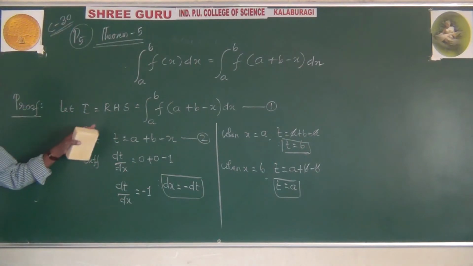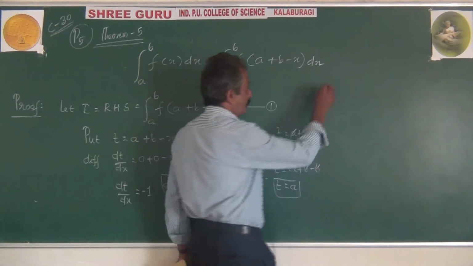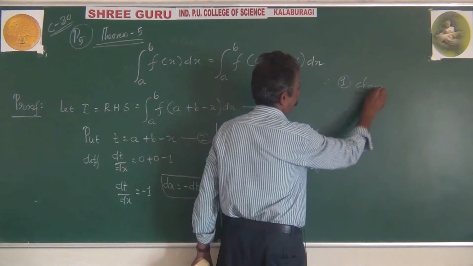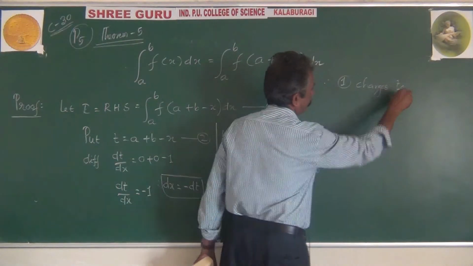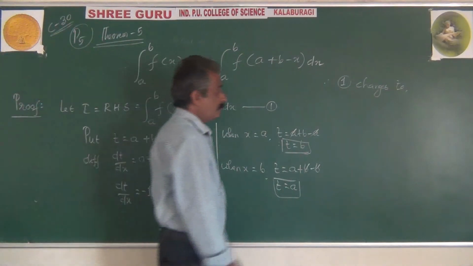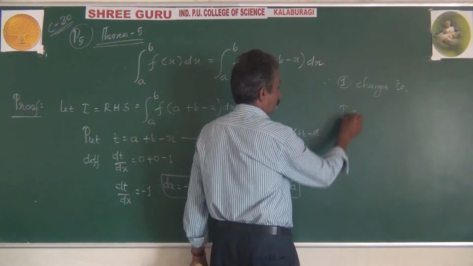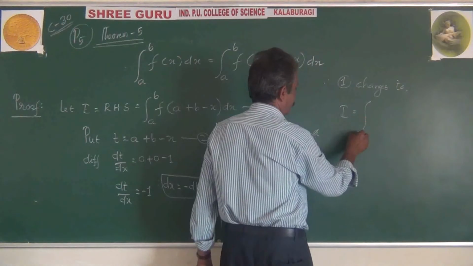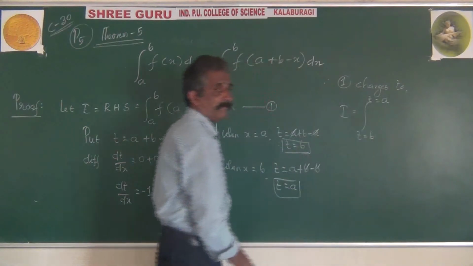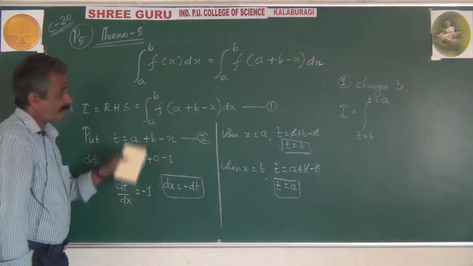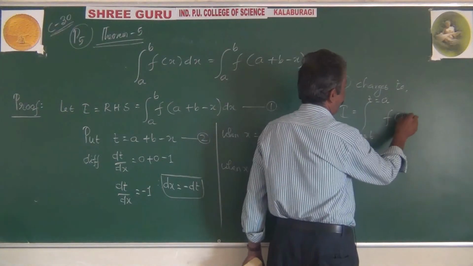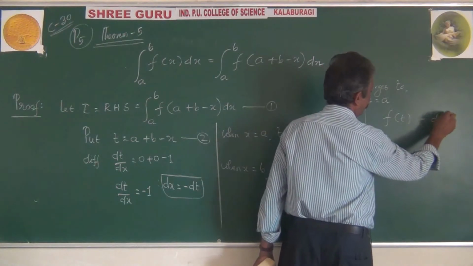So now integration 1 changes to: I equal to integration t equal to b to t equal to a. f of a plus b minus x will become f of t, and variable dx is minus dt.